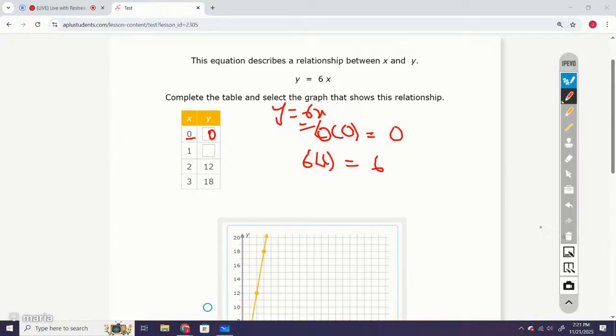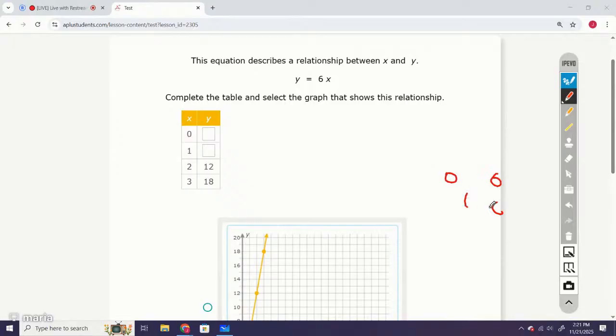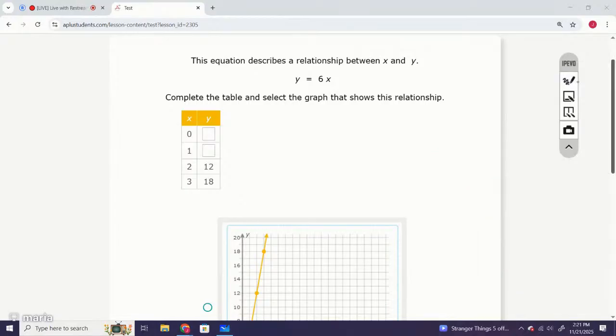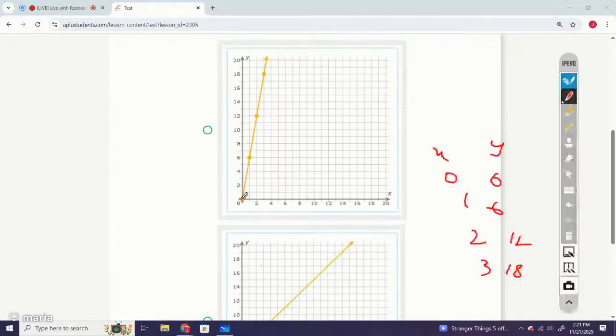So the values are 0, 0, 1, 6, 2, 12 and 3, 18. Let's just match the graph to those values.